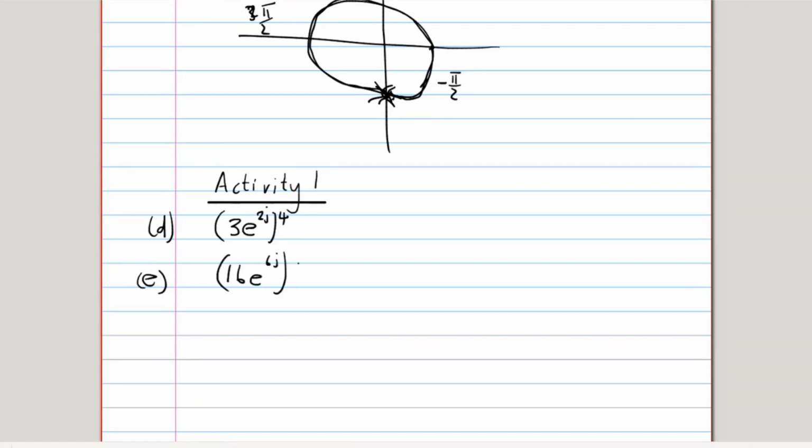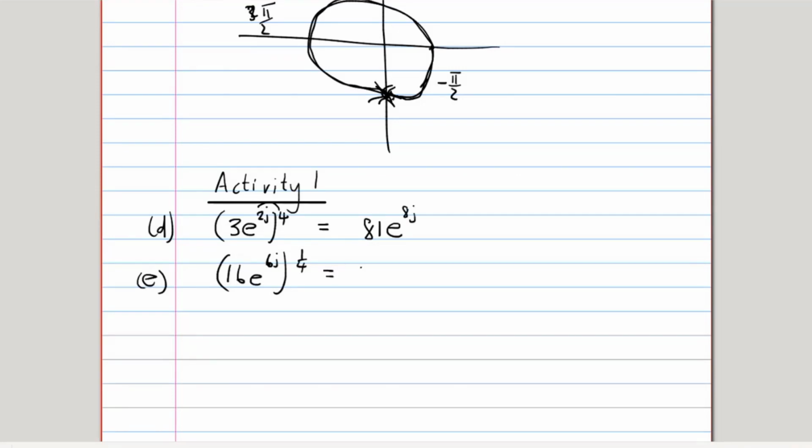This is a straightforward application of the laws of exponents. Everything inside must be raised to the exponent 4. So 3 to the 4 is 81, and we multiply the 2 in the exponent by 4, so we get 8j.